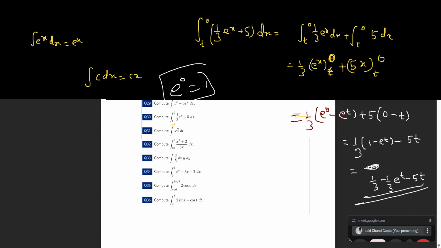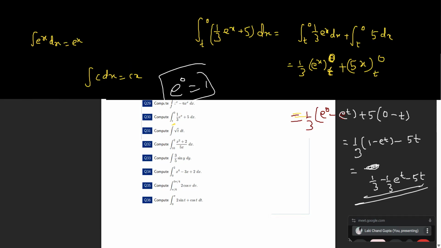You will get the answer in terms of t. Why? Because the limit is t. After integrating, you have to put the limit in terms of t, right? Yeah, right. Okay. Now the remaining questions you can do. Yes.